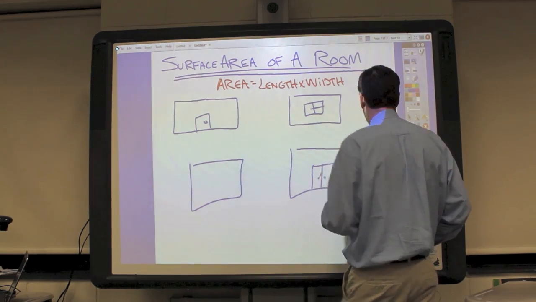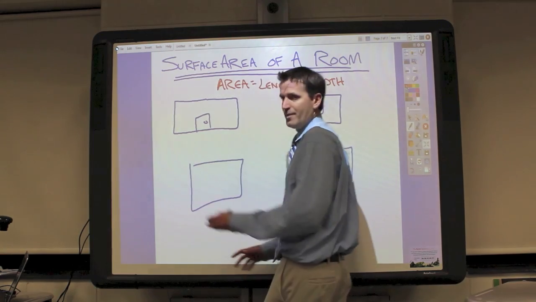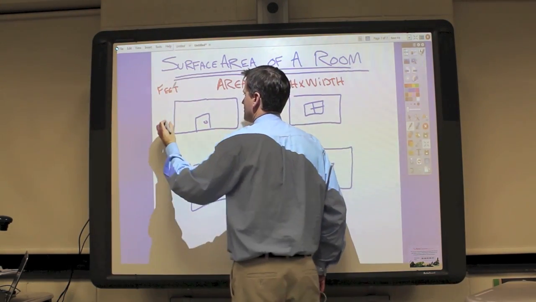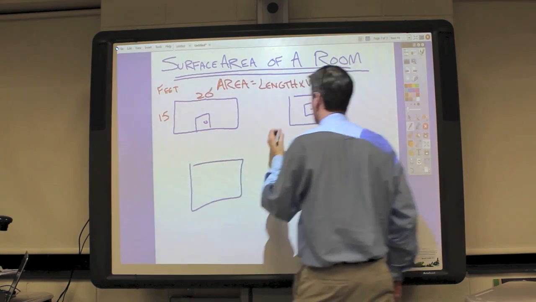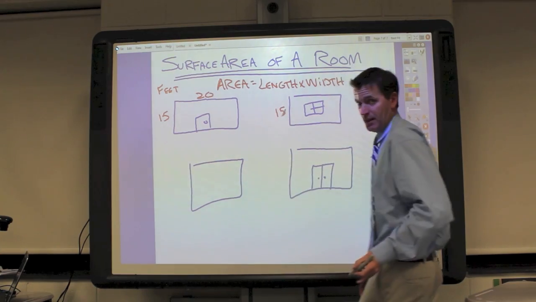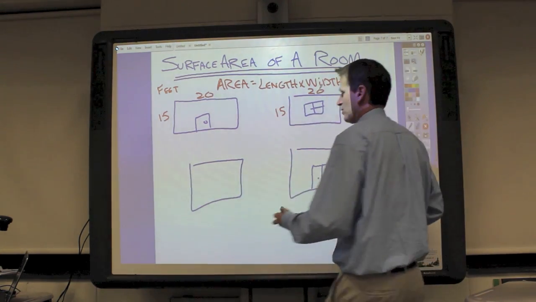Okay? Now I'm going to put some measurements in here. Now this is all going to be in feet, because it's going to be hard to write that out with how small these drawings are. So let's do 15 by 20. Again, all the height has to be 15, right? So we'll do 15 by 20 for this one. We'll say the other sides were a little bit shorter.